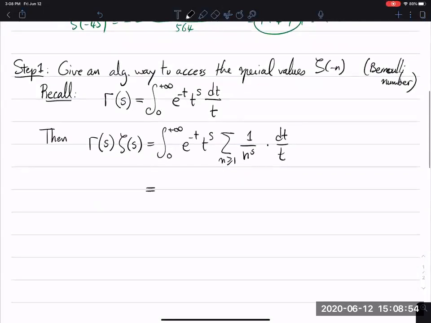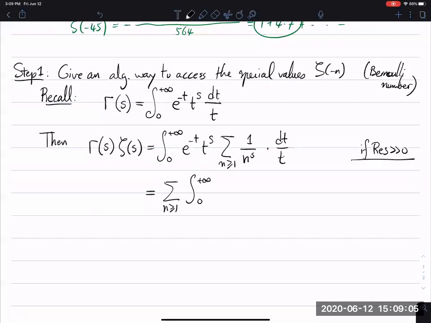And if the real part of s is sufficiently large, this converges absolutely, so I can swap the integration with the sum. Now, if I put them together, I have t over n to the s.